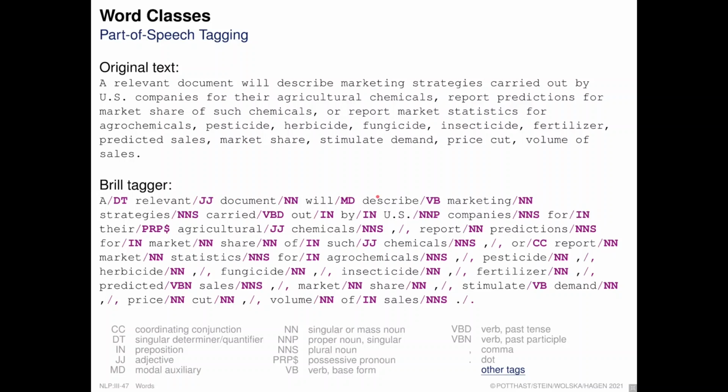I will talk about it in a moment. Every word is tagged according to its word class, part of speech. This format with a slash is also very often used. Another format is one in which every word is on a separate line and the part of speech is separated from that word with a tab.